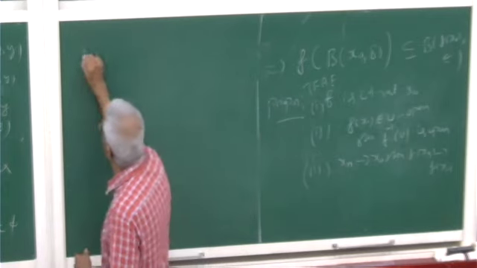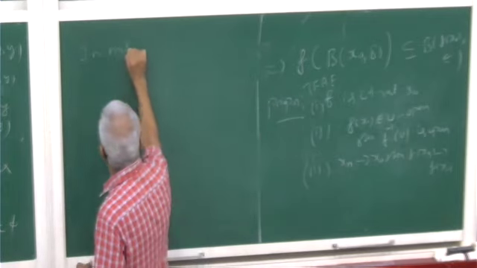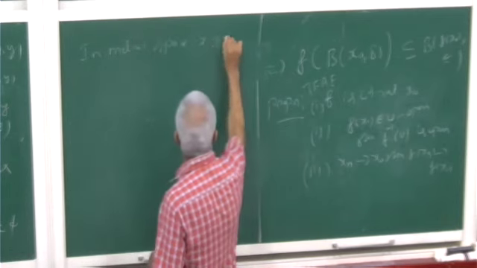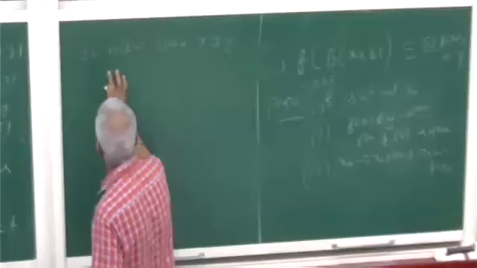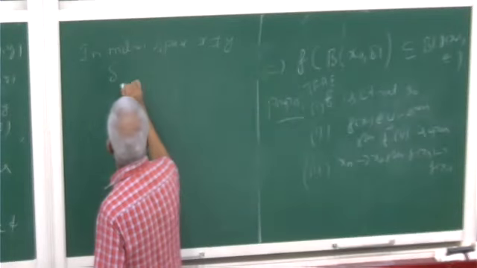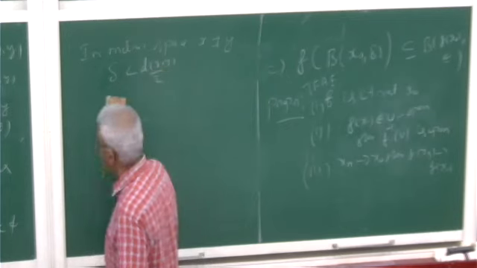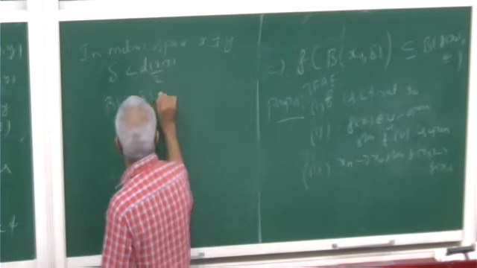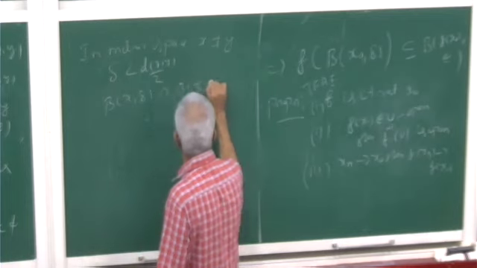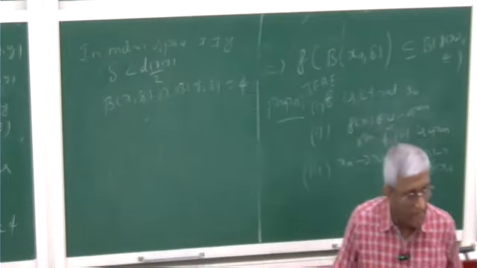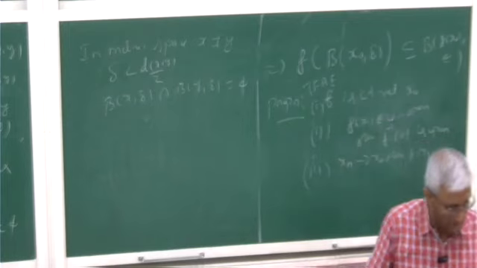Of course, in a metric space, if x not equal to y, then you take delta less than d x y by 2. And of course, the open balls B(x, delta) intersection B(y, delta) is equal to empty. So it follows that any metric space is a Hausdorff topological space.